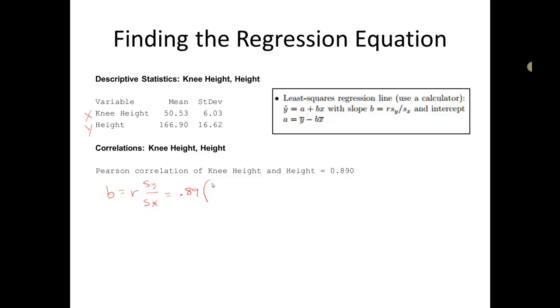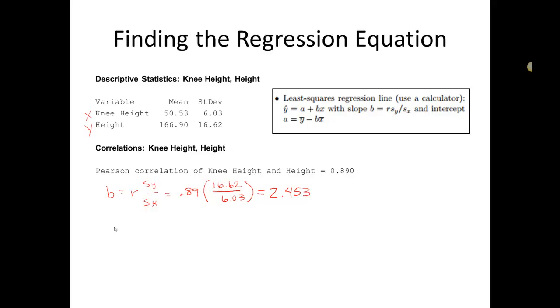So standard deviation of y is 16.62, and standard deviation of x is 6.03. So if I multiply all this out, I end up with a slope of 2.453 if I'm carrying out 3 decimal places.